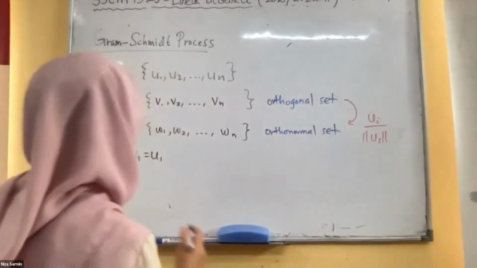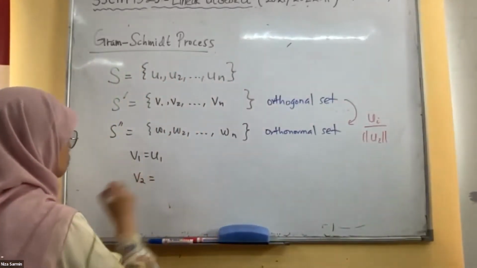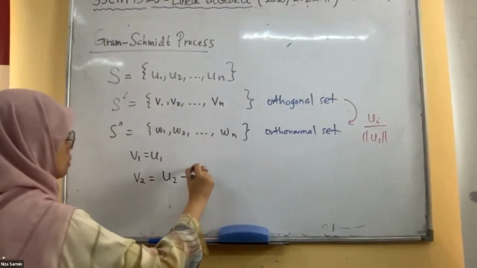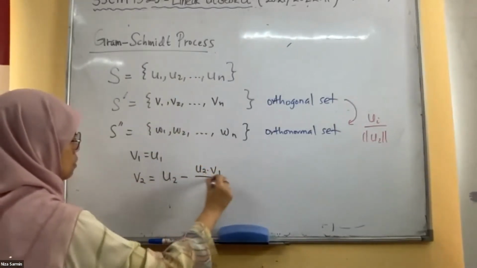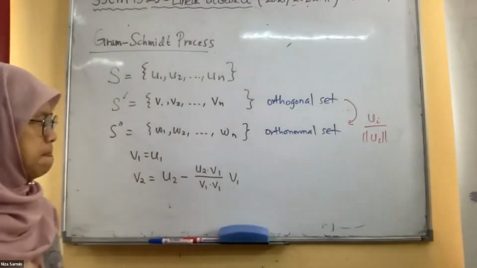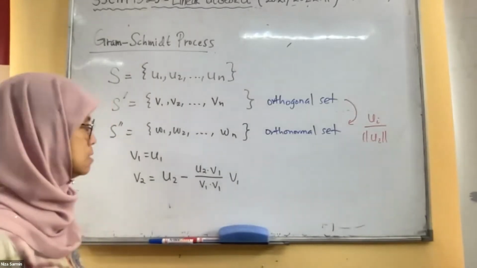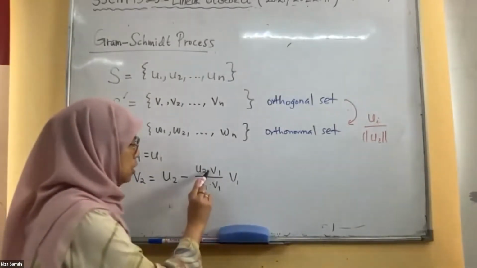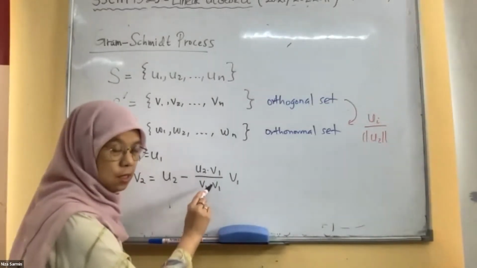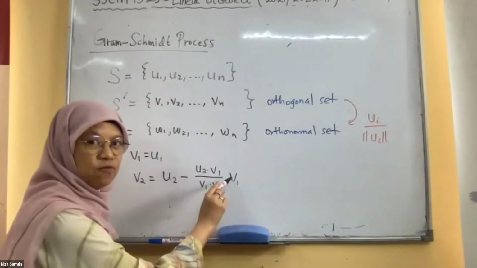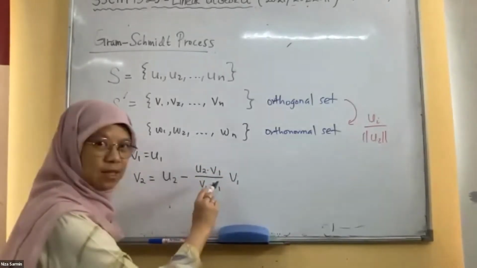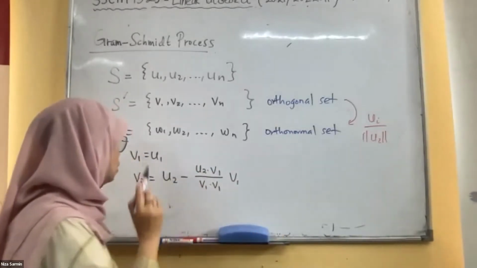Now for the next one, V2. V2 is U2 minus (U2 dot V1)/(V1 dot V1) times V1. Now this is a dot product, a number. This is also a dot product, a number. Multiplied by a vector, so it's a vector. U2 minus a vector is a vector. You call it V2.